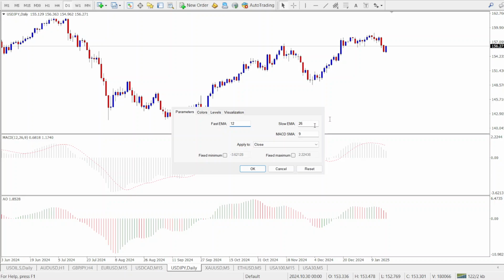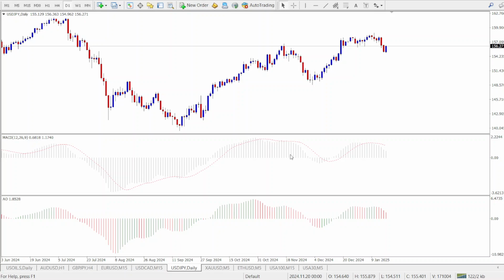Now the signal line is a 9 period EMA of the MACD line. You can see the value here, 9. And the histogram shows the difference between the MACD line and the signal line.